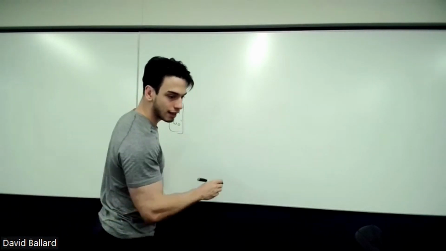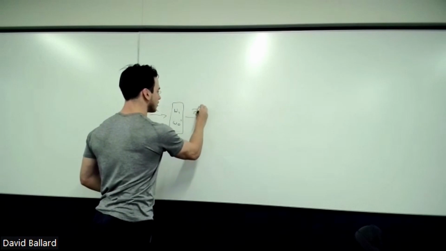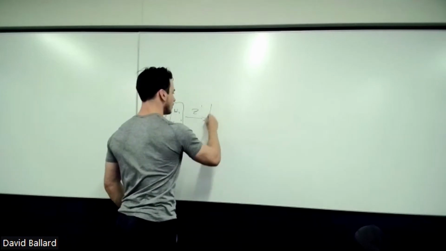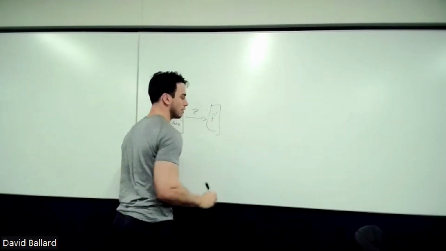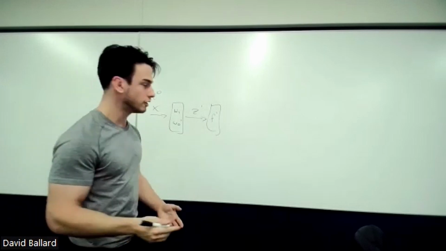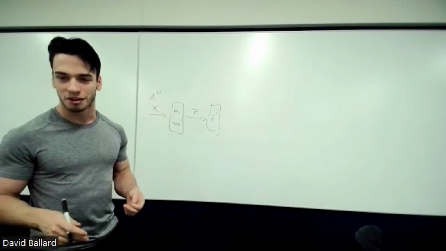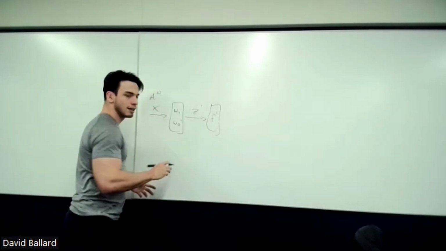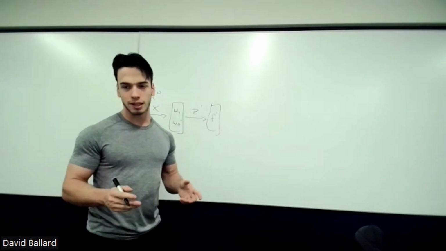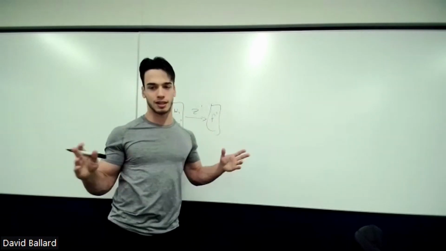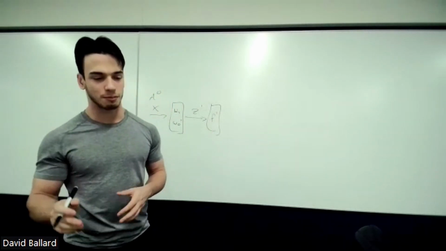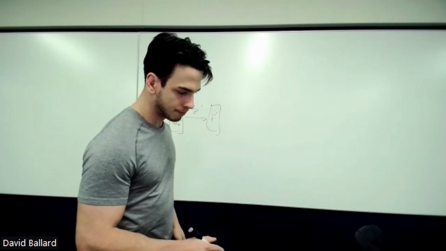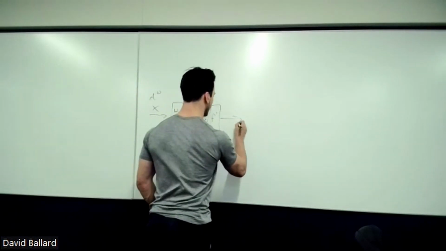And then the output is going to be Z1. This is going to be inputted into F1, which is our activation function. Or pretend they're all the same, but you could have different activation functions, different types of layers. So your first layer is your input layer. In between are your hidden layers. Your last layer is your output layer. That's just convention.